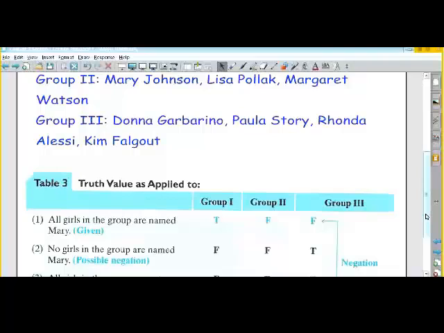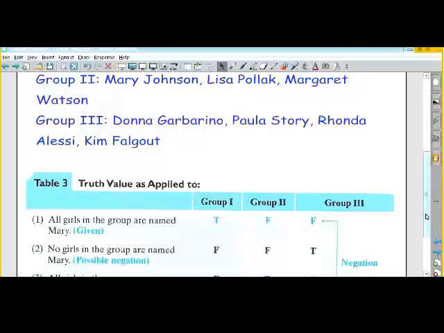Well, in the first case, no girls in the group are named Mary? Well, they're all named Mary, so obviously that's false. This is a false statement relative to the first group. Are no girls in the group named Mary for the second one? Well, there's one that's named Mary, so that means it's false. This is a false statement for the second group.